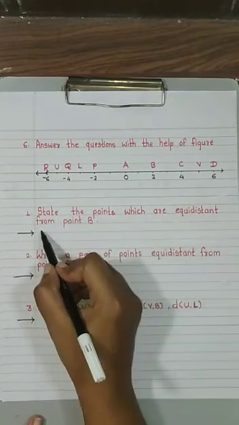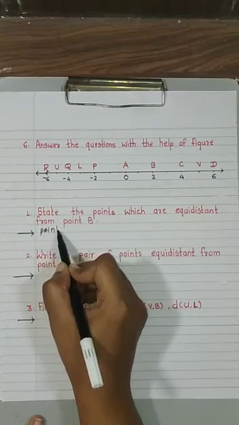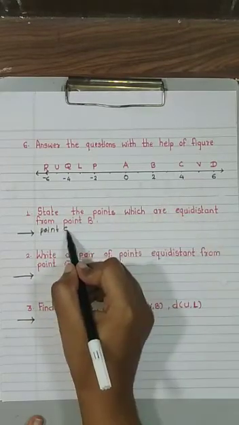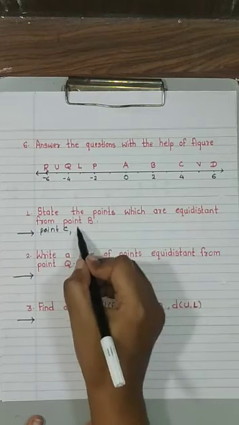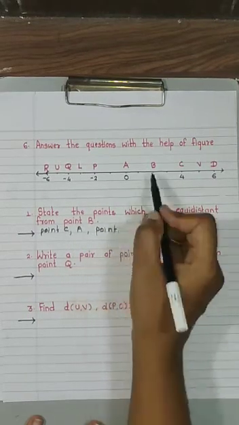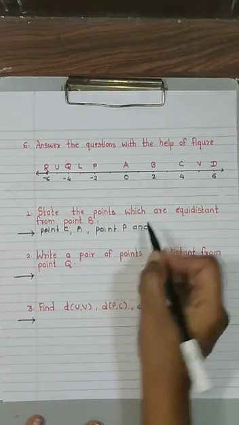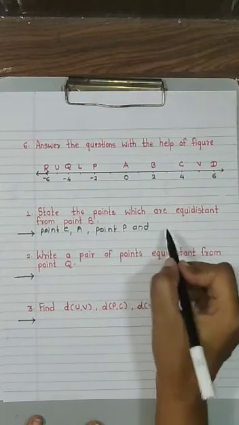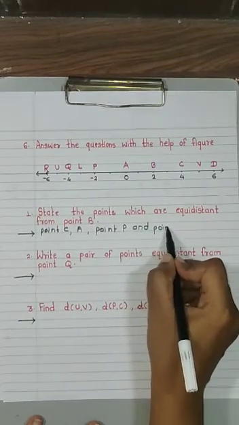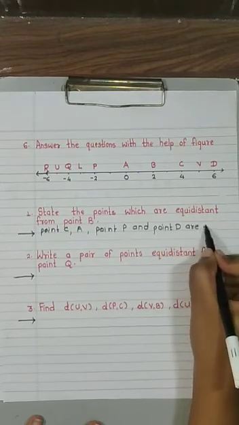You can write down point C, point A, again point P, and on this side point D are equidistant.